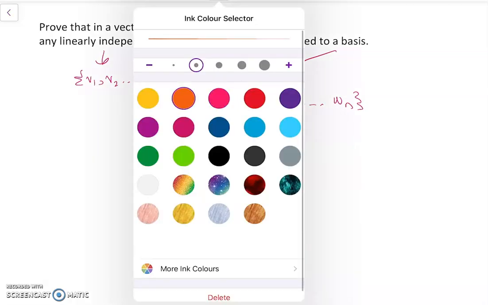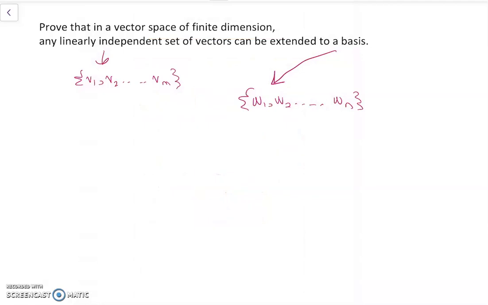Okay, so I'll begin by proving the following lemma, which will help assist in this proof.